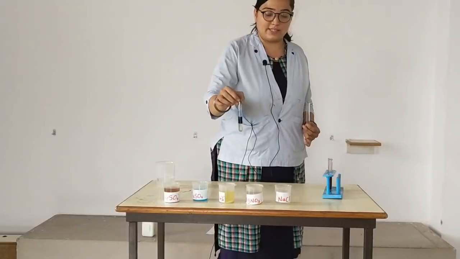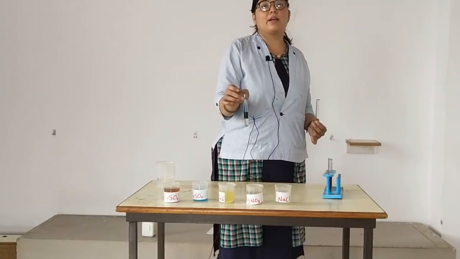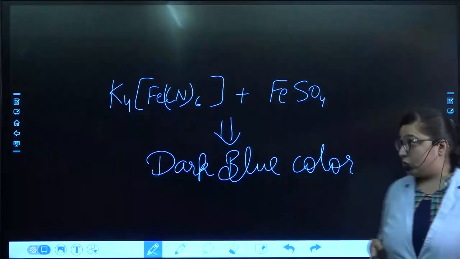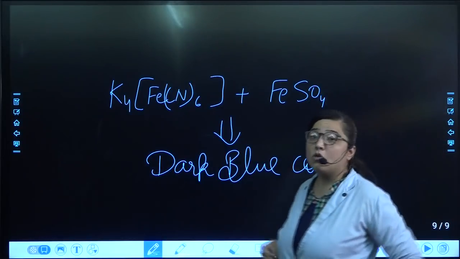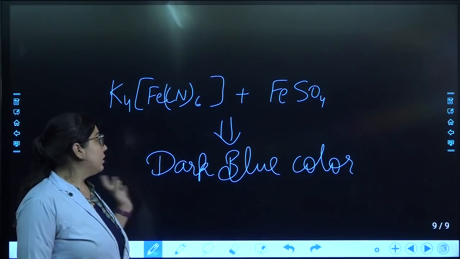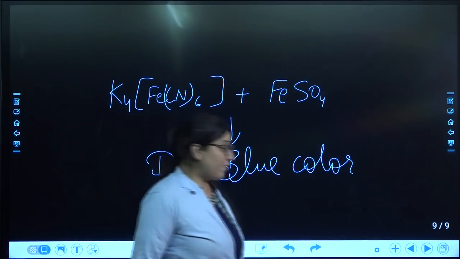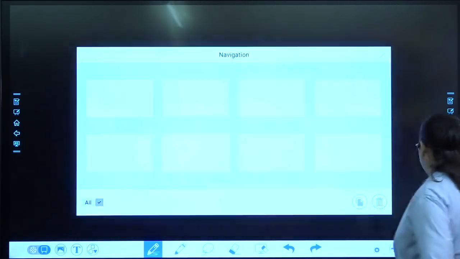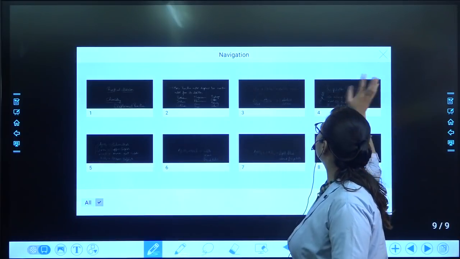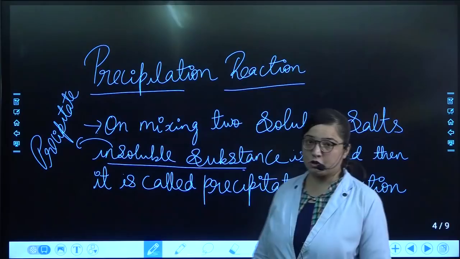So I hope it's clear. I hope you have gone through all the 4 types of the reactions, one by one. Now let's have a look at especially the precipitation reaction first.